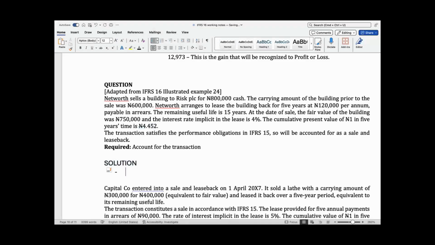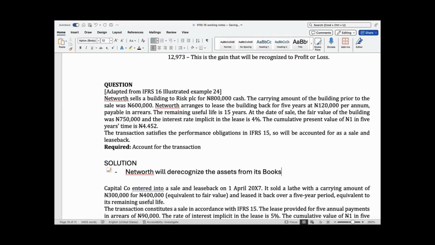So since they have sold it, Networth will derecognize the assets from its books.